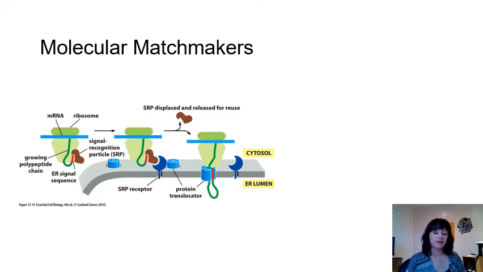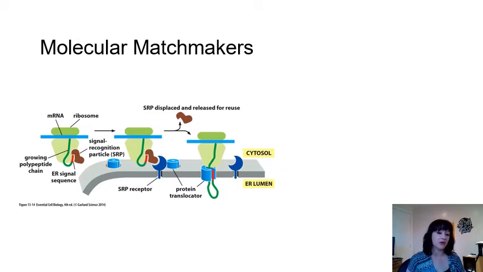In this case, the signal recognition particle reads the signal sequence on this protein that is in the process of being synthesized. It says, yep, you're supposed to be here. And it recruits the whole complex, the ribosome, the messenger RNA, the new protein, everything, to the ER by binding to an SRP receptor.